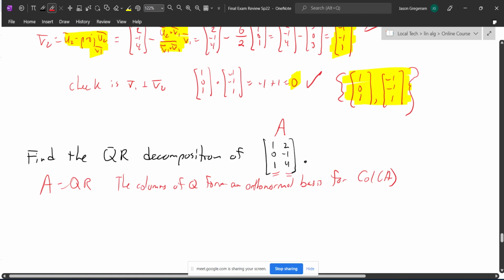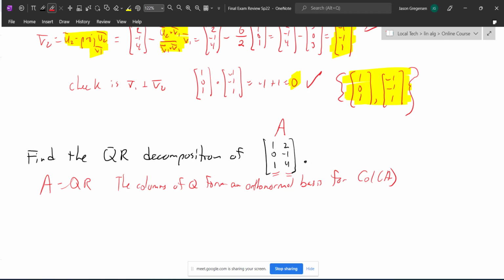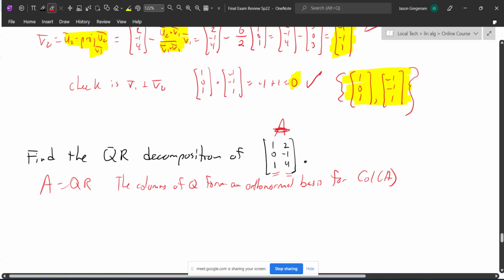So I need to take my two columns of A and use Gram-Schmidt to find an orthogonal basis, and then further find the unit vectors to make an orthonormal basis. So I've really done some of the hard work in the previous problem. I've now taken these two columns essentially as my basis vectors u1 and u2, and I've calculated an orthogonal basis v1 and v2.